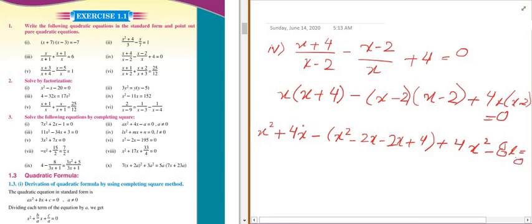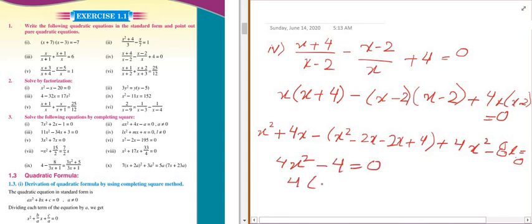Just add and subtract the like terms. x square with x square, x with x, and constants with constants. We will get this equation in the form 4x square minus 4 equals to 0.